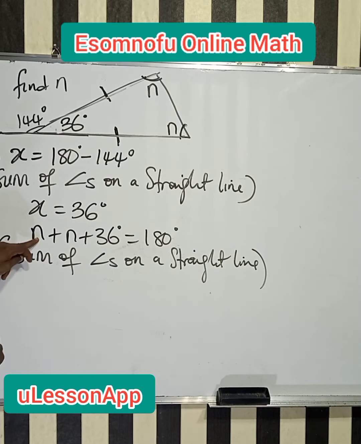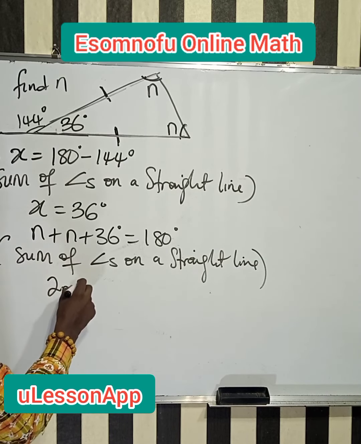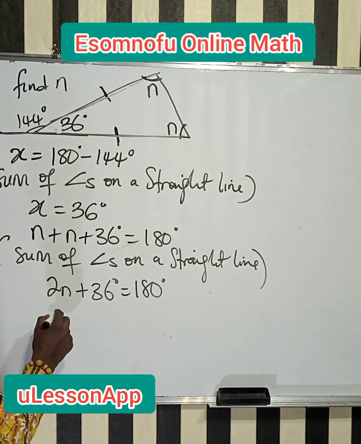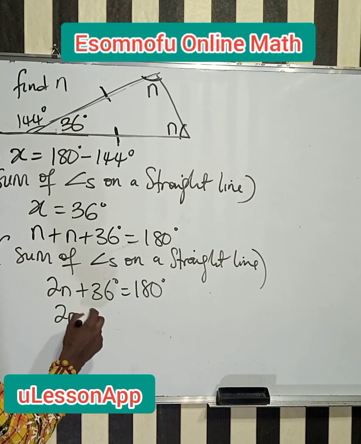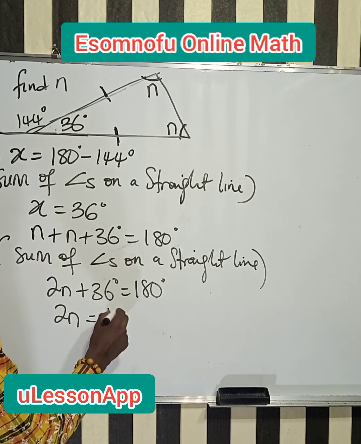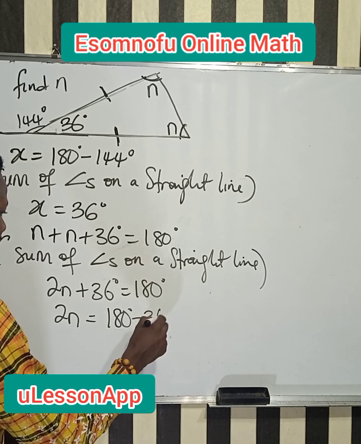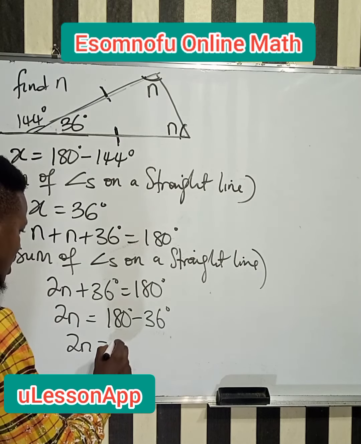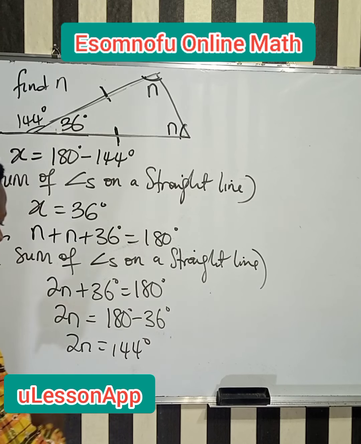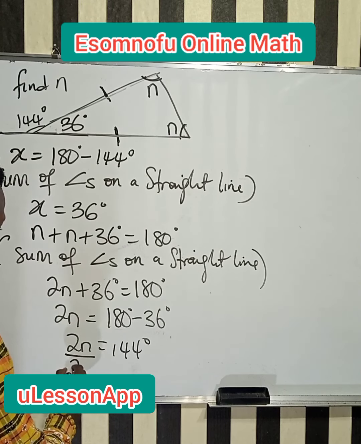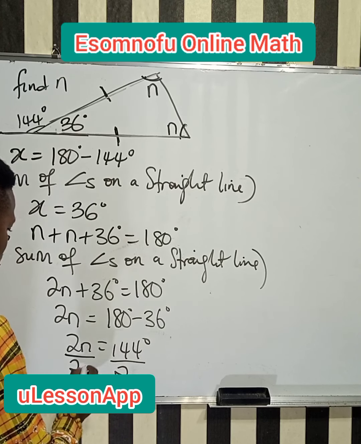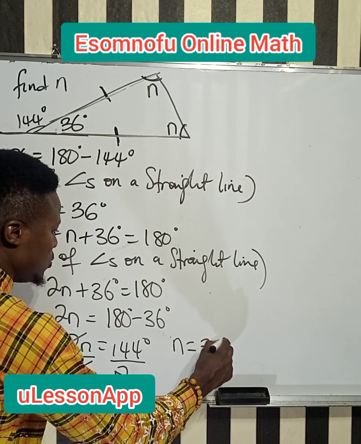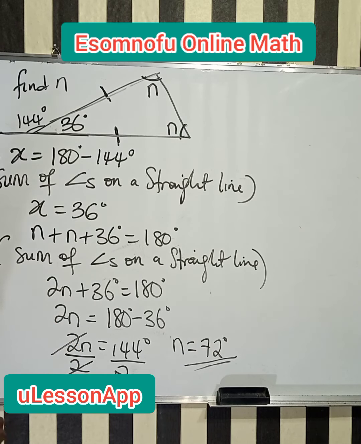That's the reason. n plus n is 2n plus 36 degrees equal to 180 degrees. So 2n is equal to 180 degrees minus 36 degrees. And 180 degrees minus 36 degrees is 144 degrees. So to get the value of n, you divide both sides by 2. This will cancel out. You see that n is equal to 72 degrees. This is just the value of n.